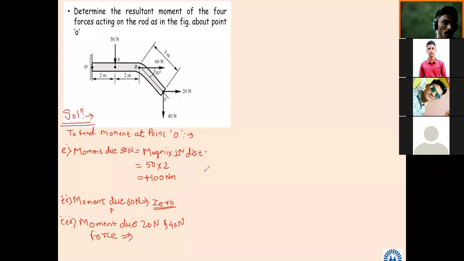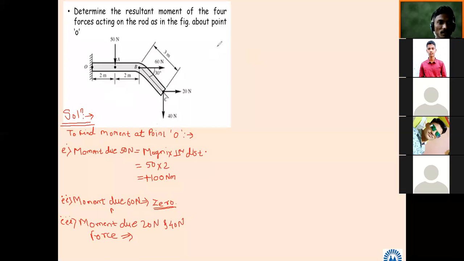If I ask what is the perpendicular distance of the 20 Newton force from point O, can you tell me how much it is, or is it given in the problem? Are these distances given? No, sir. If you see carefully, these distances are not given. So we have to find these distances.